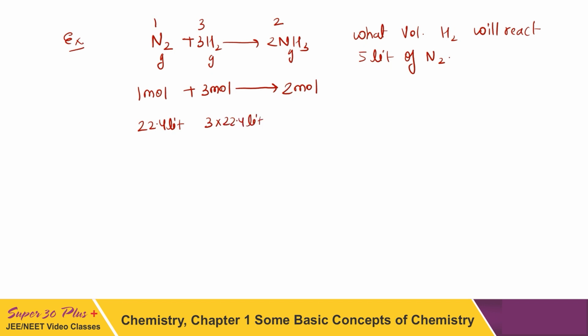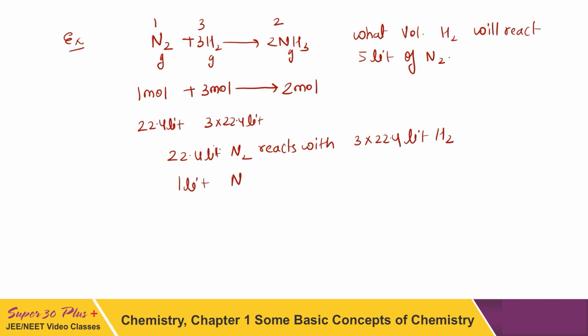We don't want any information about ammonia, so we will not use it. So I'll say 22.4 liter nitrogen reacts with 3 into 22.4 liter hydrogen.